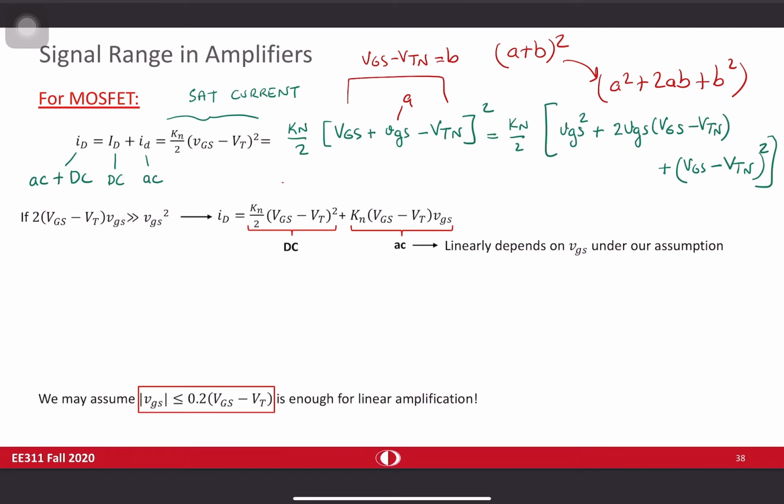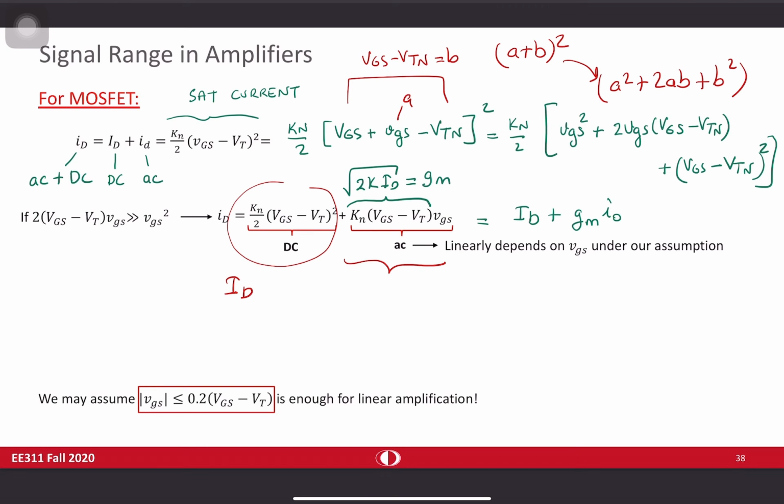This part is ID, the DC current, and this part will be the AC current. And there's something interesting in here. This Kn times VGS minus VT is in fact equal to the square root of 2 Kn ID, which is gm. So this thing is equal to ID plus gm vgs.